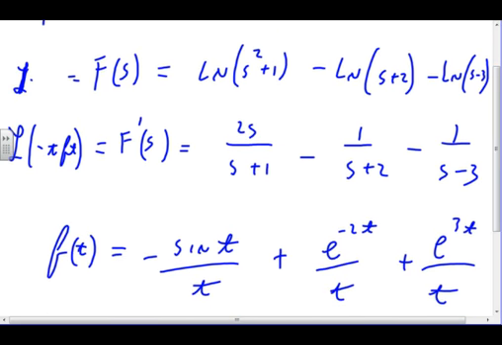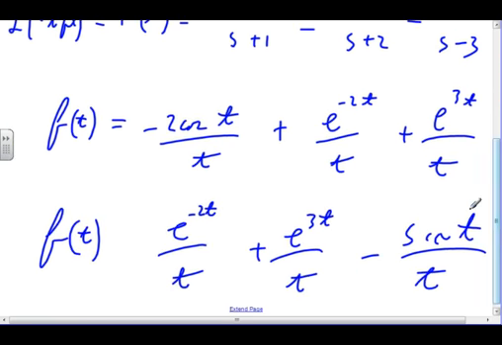So this is going to be 2 cosine t. Can't even take a derivative of natural log. Over 2 cosine t. All right, there we go. Is that better?